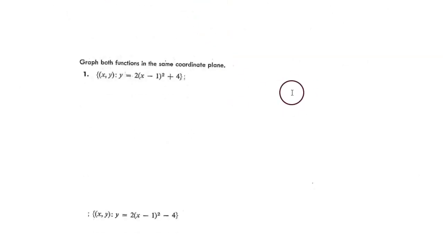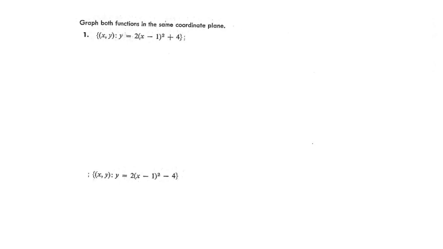Next one, graph both of these functions on the same coordinate grid. These are both in vertex form. This is A, this is H, this is K. H is +1.